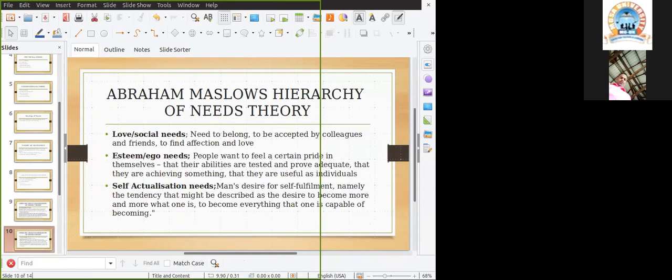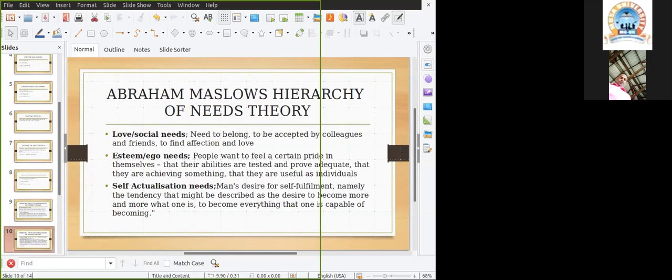The third type of needs, which one will have once you have met the safety and security needs, are called love or social needs. Again, you cannot develop this type of needs unless you have fulfilled the physiological needs and the safety needs.